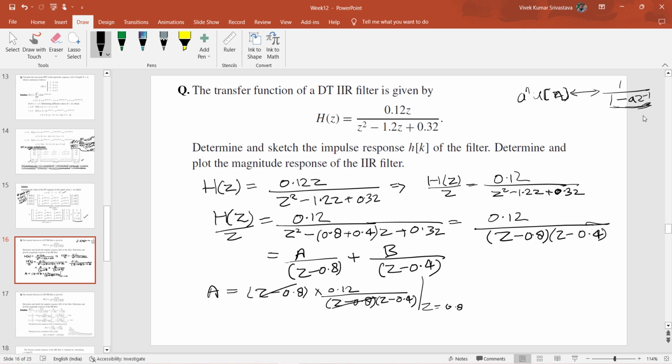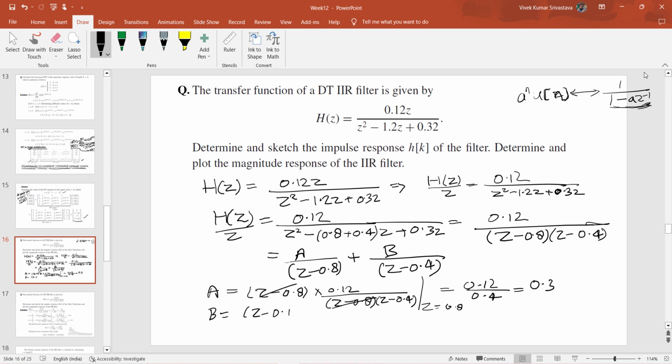So this term will cancel. Once you plug in, this will be 0.12 over 0.4, which equals 0.3. So the value of A is 0.3.